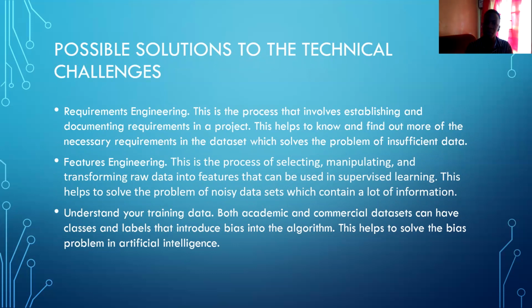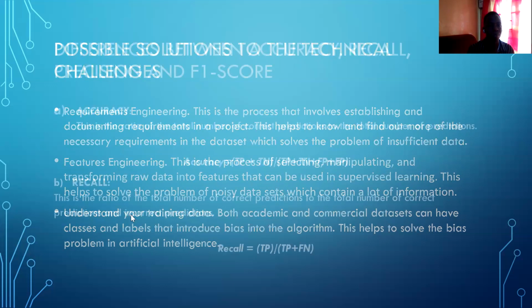And feature engineering helps to solve the problem of the data sets being noisy or containing a lot of information, whereby it's the process of selecting, manipulating, and transforming those data into features that can be used in supervised learning or machine learning. And we also have understanding your training data. Both academic and commercial data sets can have classes and labels that introduce bias into the model. This solves the bias problem, in other words, understanding your training data.